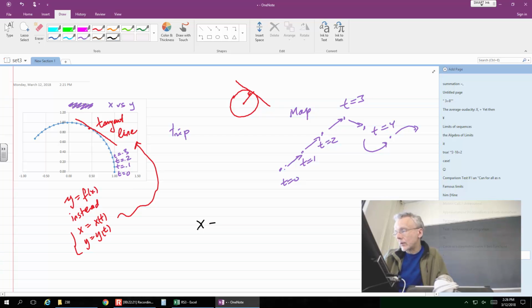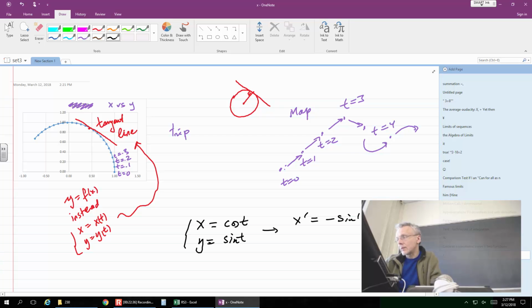We have x equals cosine t, and, the radius being 1, y equals sine t. We have two functions, so we have two derivatives. x prime is equal to negative sine t. y prime is equal to cosine t. That's how the calculus of parametric curves starts, with just differentiating those two functions.